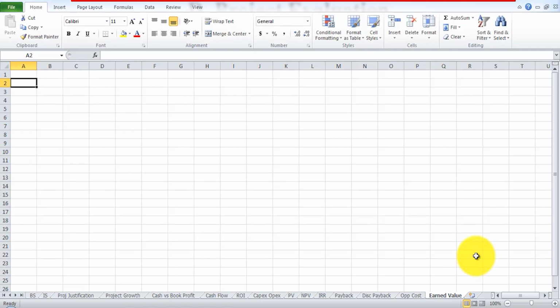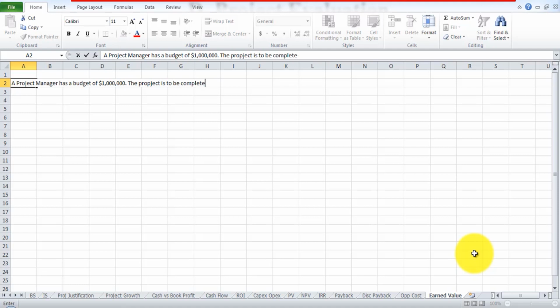So let us say a project manager has a budget of $1 million, and the project is expected to be completed in 12 months.